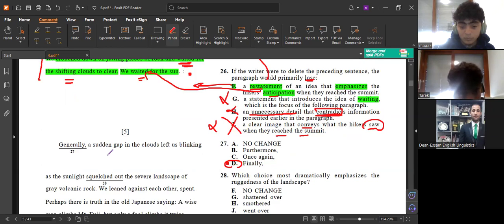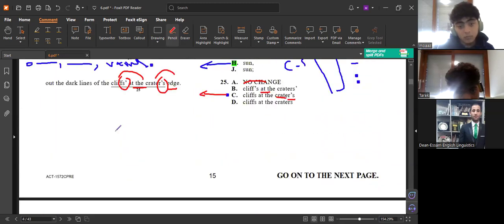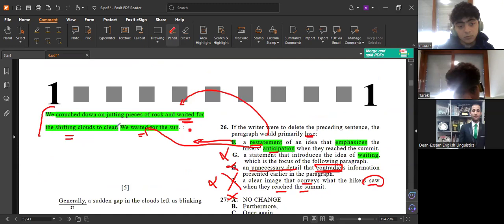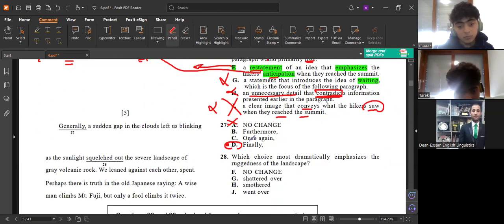Are we going to introduce a generalization? Wrong. Are we going to add ideas to the previous paragraph? This paragraph talks about something else. You can check it from the last sentence: they were waiting for the sun. Here it's something else. We don't add. Once again, this action happened in the previous paragraph. Wrong. But here, finally means at the end.